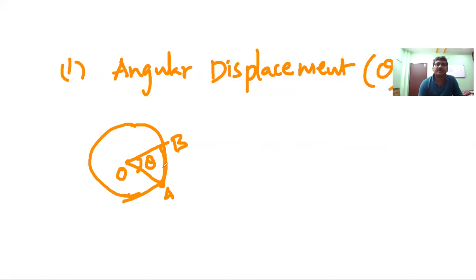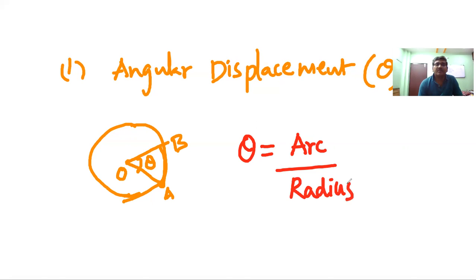So here the angular displacement theta is expressed as arc length by the radius. What is arc length? AB. It is a length. What is radius? OA. OA is also a length expression. So L by L. Length is expressed as L in the dimension formula, and radius is also in terms of length units. So L goes, there is no dimension at all for this.